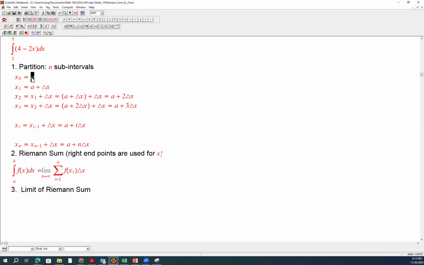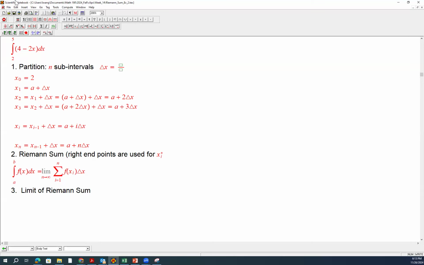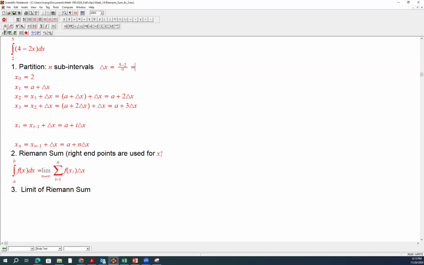A is 2 here, and B is 5. So our delta x would be B minus A, which is 5 minus 2 divided by n, equals 3 over n.